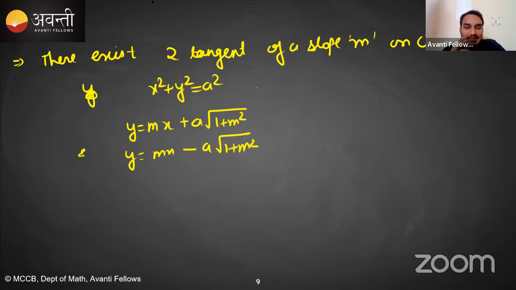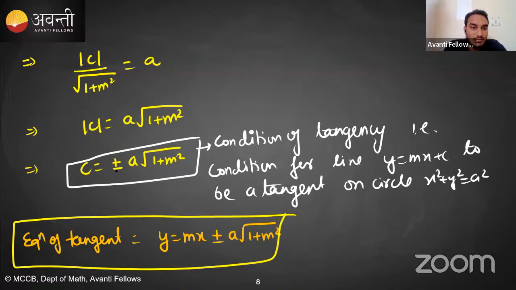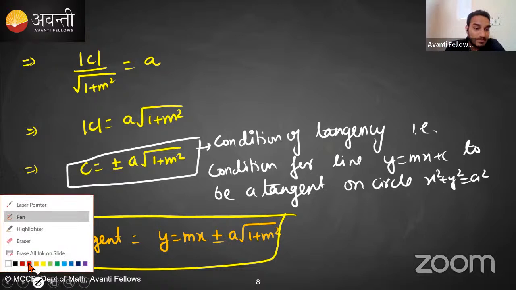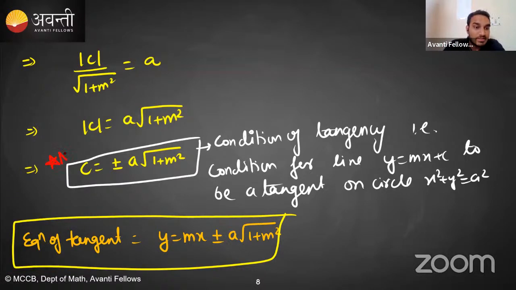So that's why this is a very important condition: c = ±a√(1 + m²). Everyone should remember this condition of tangency. I am going to derive it again in the parabola, again in the ellipse, again in the hyperbola.